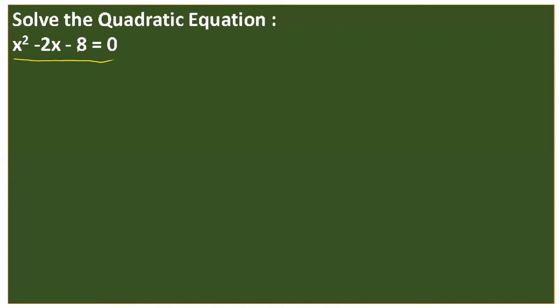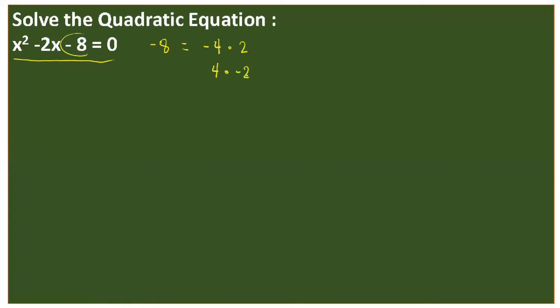So first is to get the factors of the constant term, which is negative 8. The factors of negative 8 are negative 4 and positive 2. And of course, we also have positive 4 multiplied by negative 2.